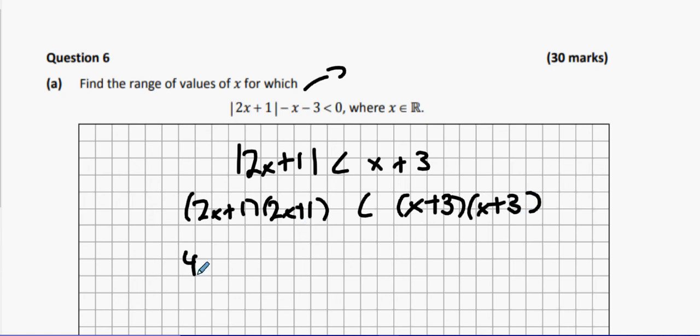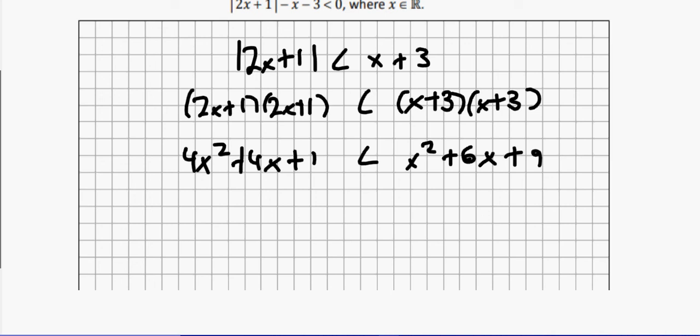We get 4x squared plus 4x plus 1 less than x squared plus 6x plus 9. Transferred all over one side, we get 3x squared minus 2x minus 8.